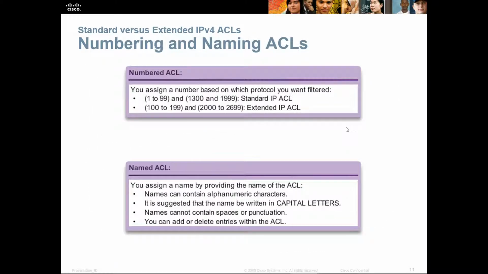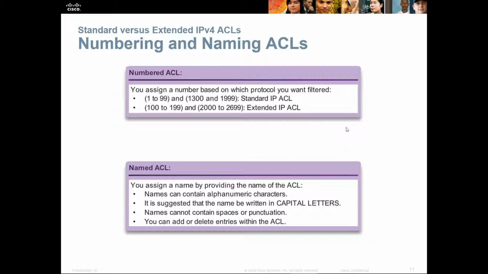Numbering for ACLs: if you have 1 through 99, that's a standard, or 1300 through 1999, that's also standard. If you want extended, you would have to go between 100 and 199, or between 2000 and 2699. If you number it at 100, it's automatically going to be an extended ACL.